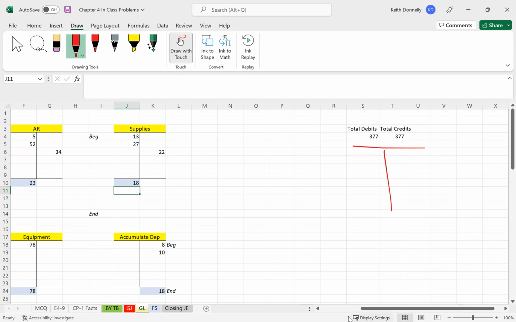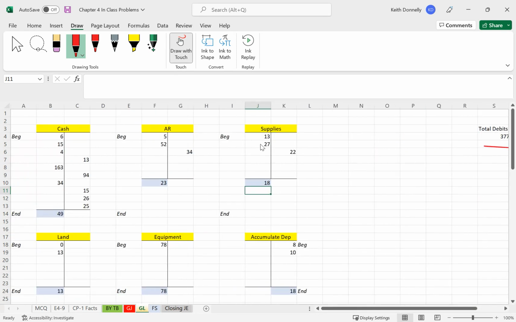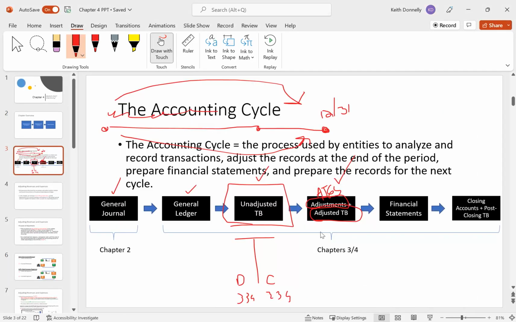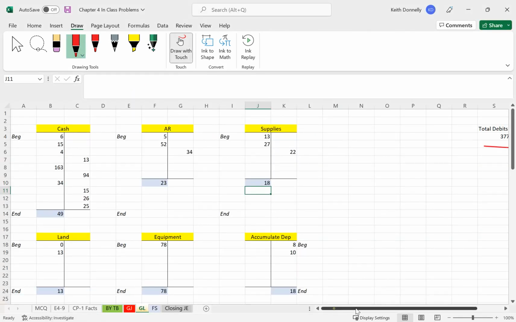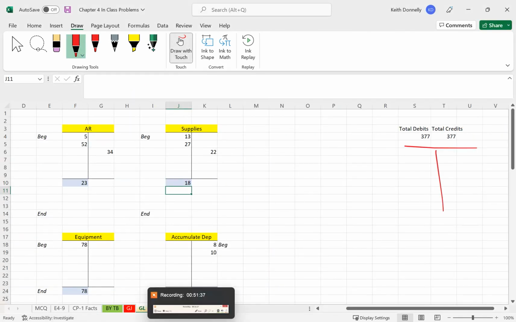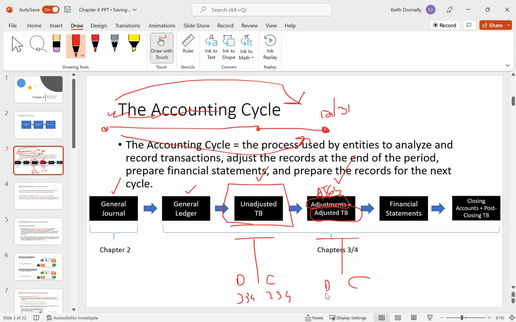We'd have all of our accounts: cash, accounts receivable, supplies, 49, 23, 18. We have our debits and credits, and it's 377 on each side.